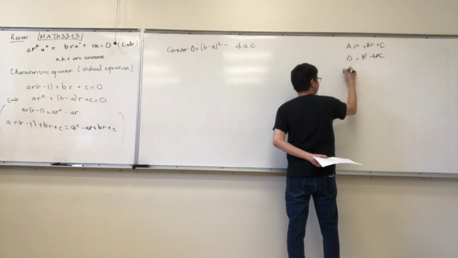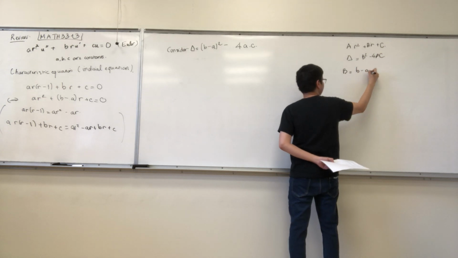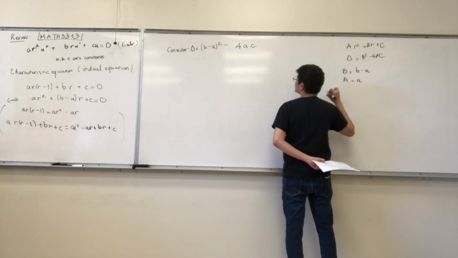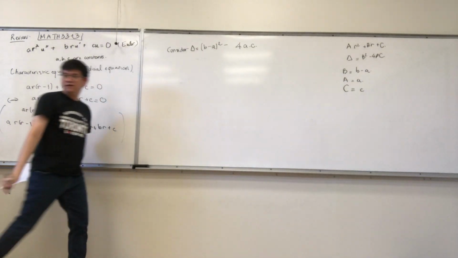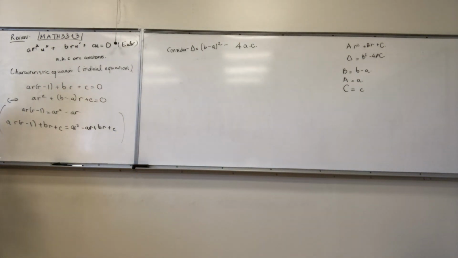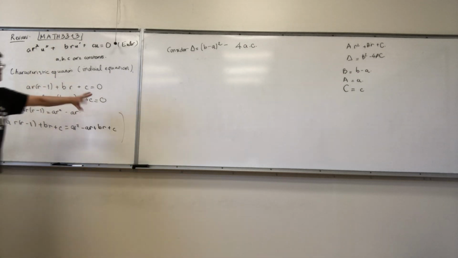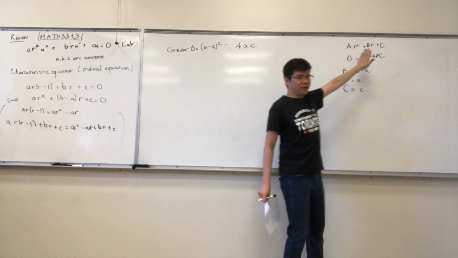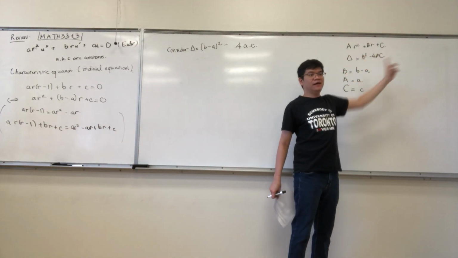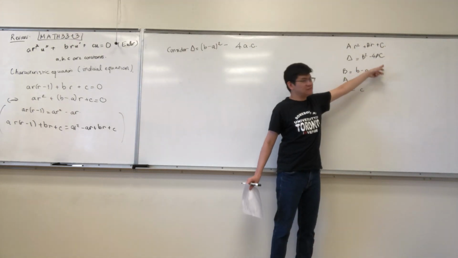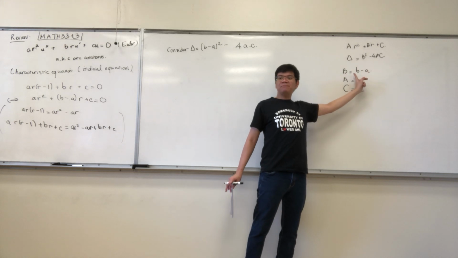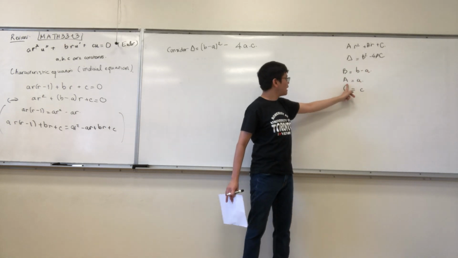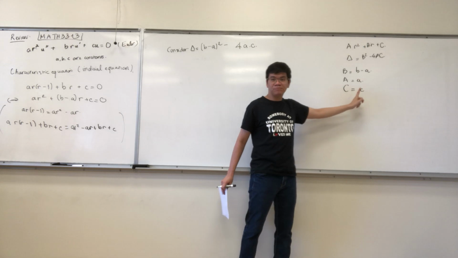And in this case, B is B minus A, A is A, and capital C will be small c. This is the thing that we encounter a lot in our class. So this is a second order algebraic equation. The general form is capital A R squared plus B R plus C. The delta will be B squared minus 4AC. So in this case, this capital B will be B minus A, this capital A will be A, this capital C will be C.